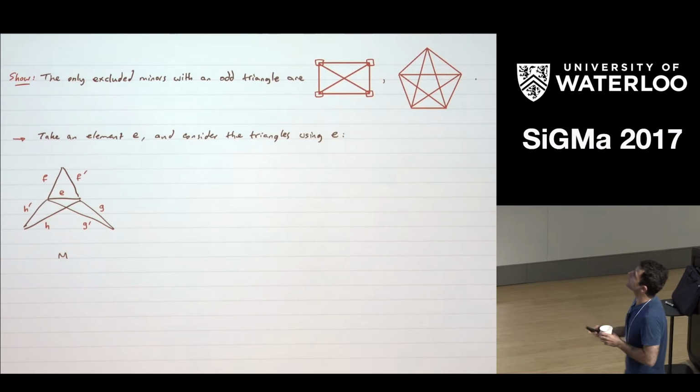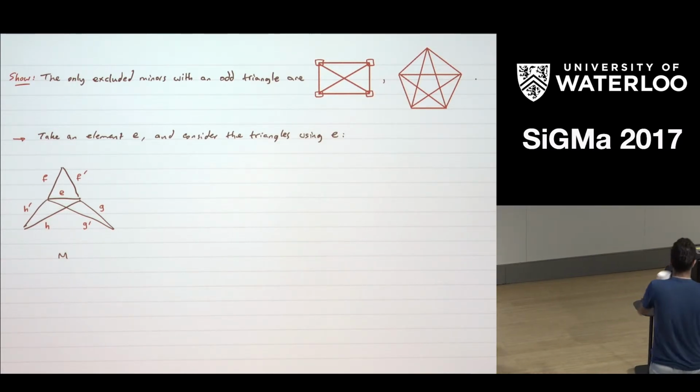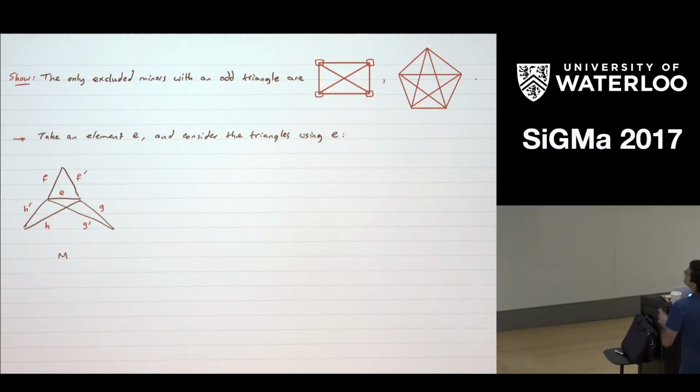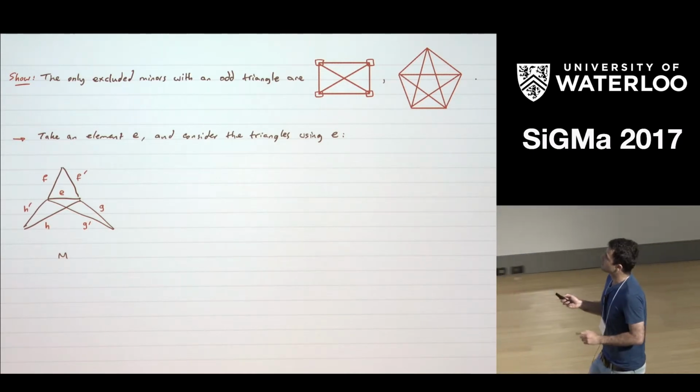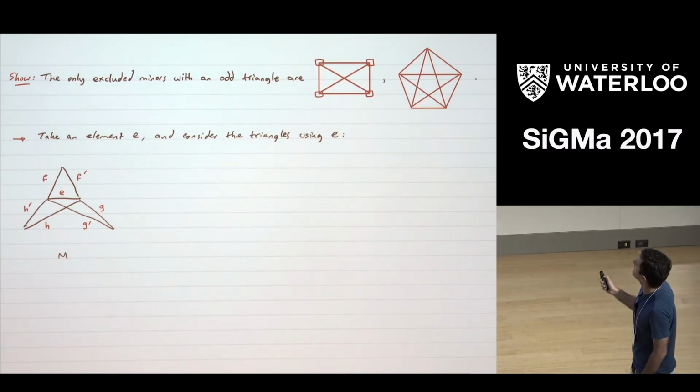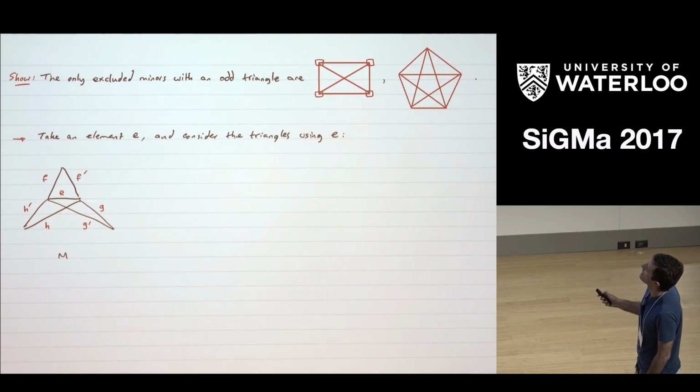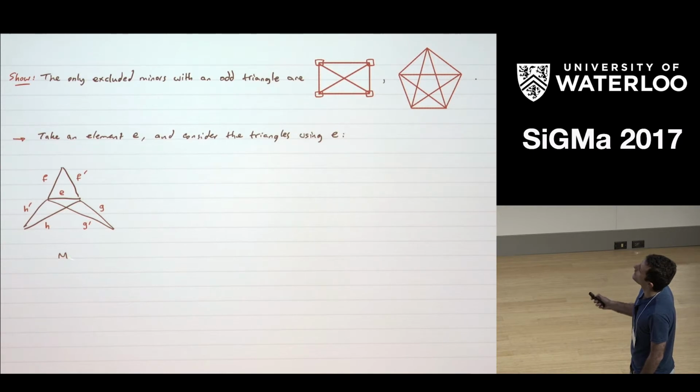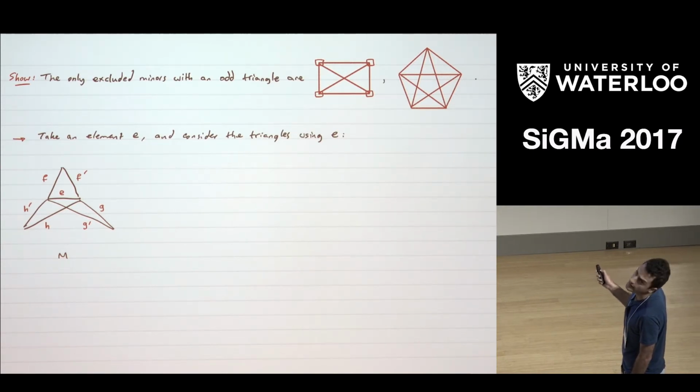All right, so the first step: what I said was every element was in exactly 3 triangles. So let me pick an element. This is going to be fixed for now. I'll pick the element E, and I'll pick the 3 triangles that go through it. If the 3 triangles don't look graphic, then essentially what you have is the first one, which I've already excluded. So I may assume it looks like this.